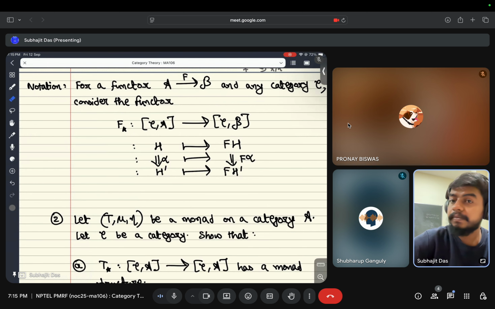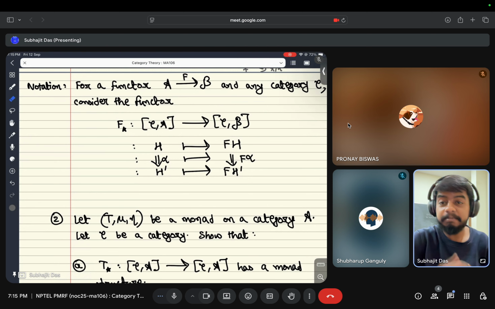Okay. So for the next two problems, which are the last two problems, we'll be using a notation which I am writing here.